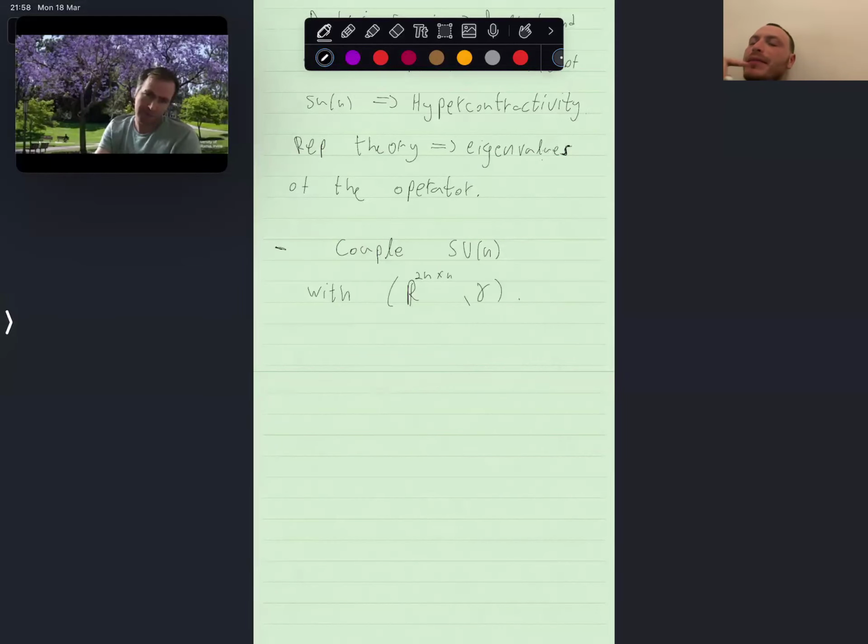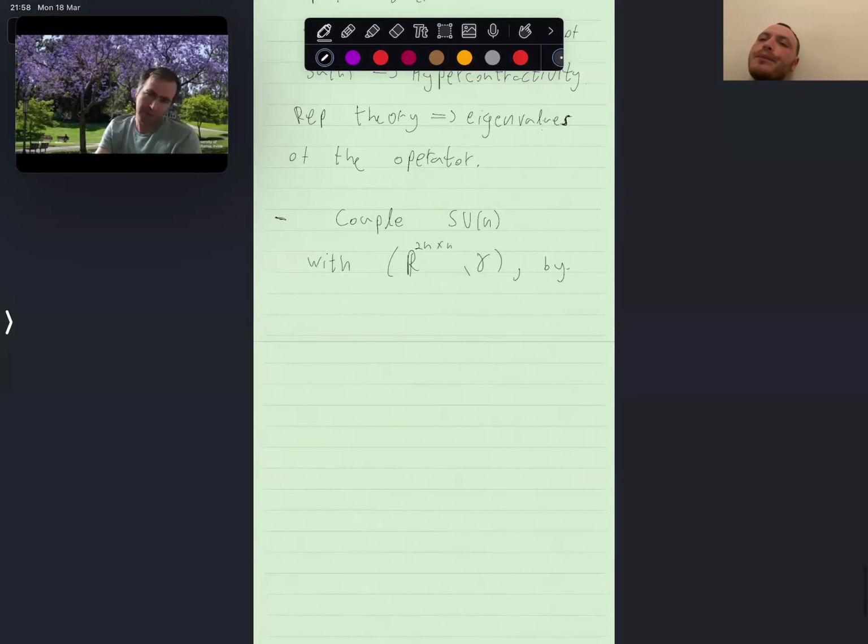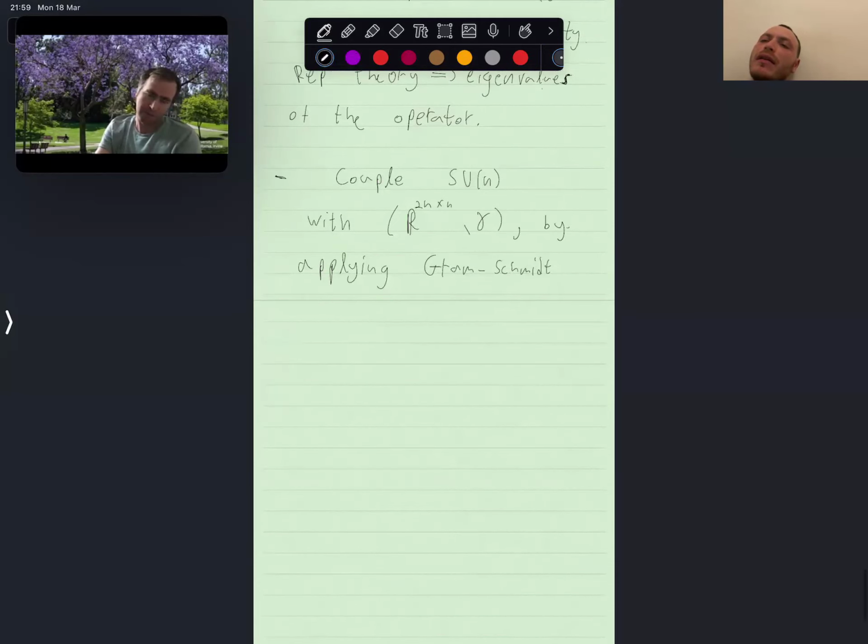So with the Gaussian space, by applying Gram-Schmidt, yes, you have a random matrix that's not necessarily unitary, and then you can apply Gram-Schmidt to get a unitary matrix.